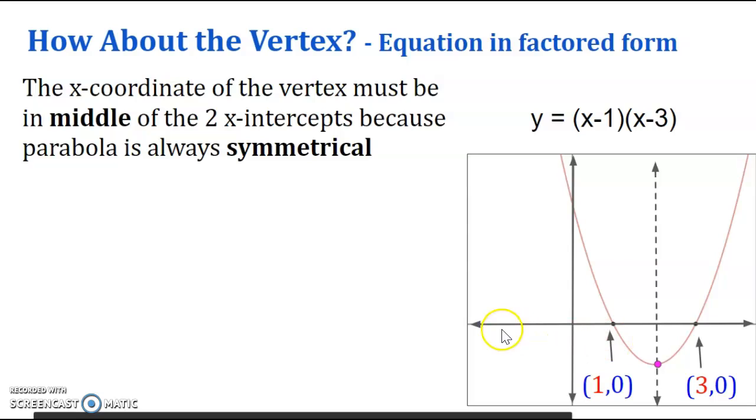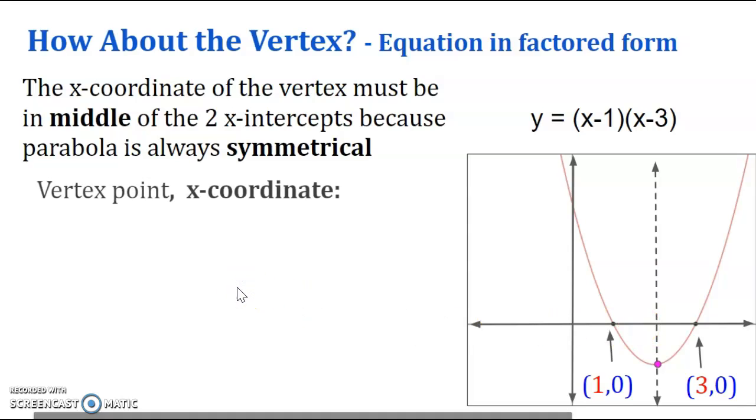Because it's always symmetrical, the vertex always goes through the line of symmetry. Using that fact, the distance from the line of symmetry to one x-intercept has to be equal to the distance to the other. So we can find the x-coordinate of the vertex by taking the average of the x-intercepts.